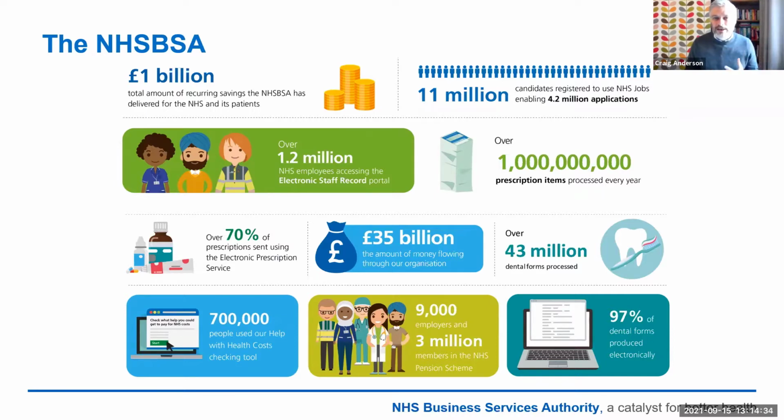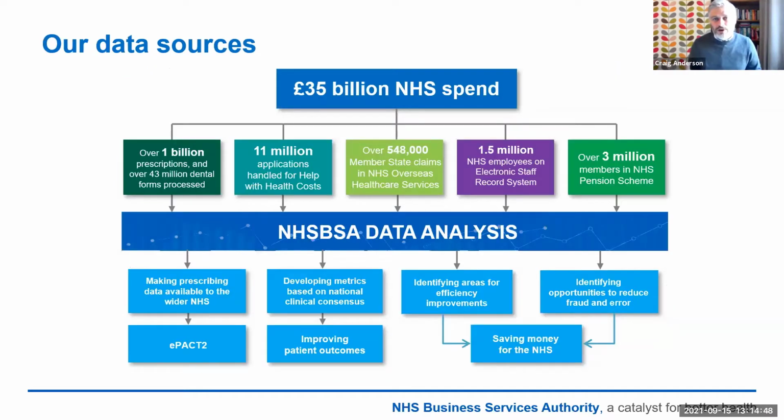We have identified in the past from previous work something like £1 billion of recurring savings for the NHS and its patients. And if you look then on the next slide, when we talk about the 35 billion and where some of this activity is seen, we talk about over 1 billion prescriptions, 43 million dental forms processed every year.